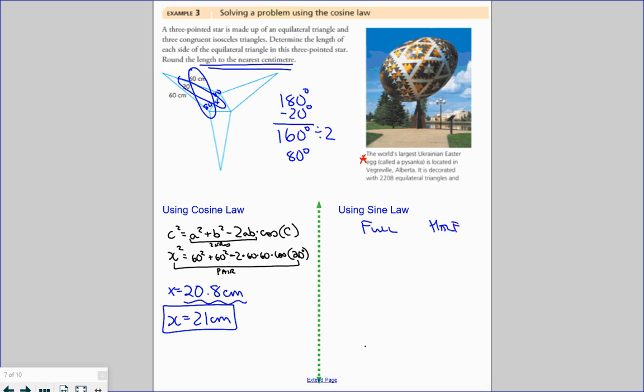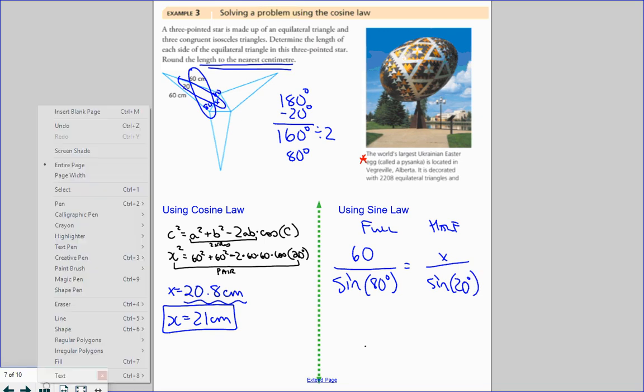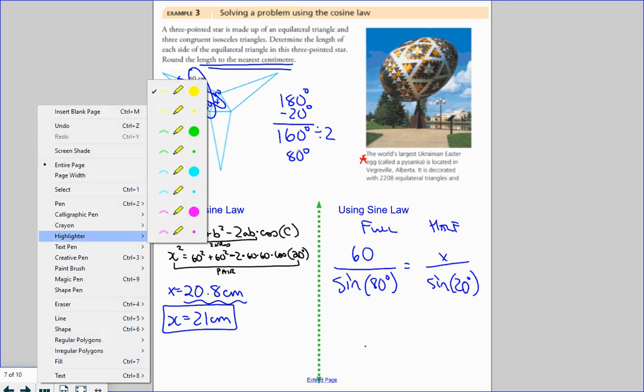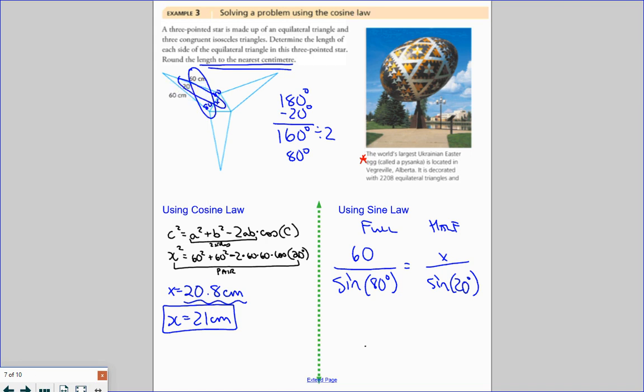My full match is 60, remember side length over angle, side length over angle. What I would do with this is cross multiply and divide. You multiply the one that doesn't have the x. So it's sine 60 times sine 20.